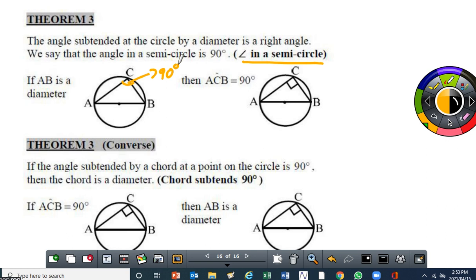Do you agree that if AB is a straight line and it's the diameter, the angle at the center is equal to 180 degrees? So the angle at the center is 2 times the angle at the circumference. Therefore, half of 180 is 90 degrees. So that's your Theorem 3.